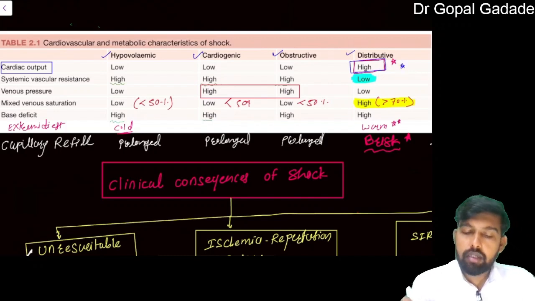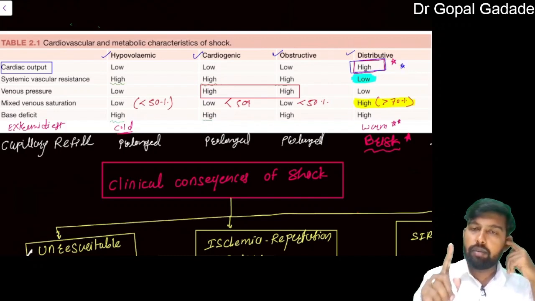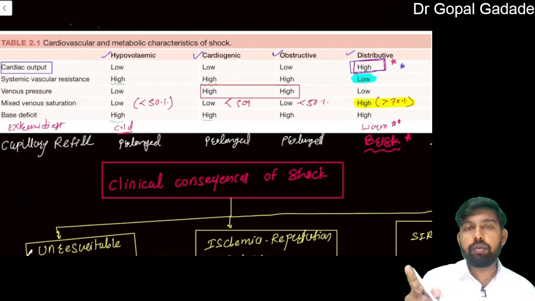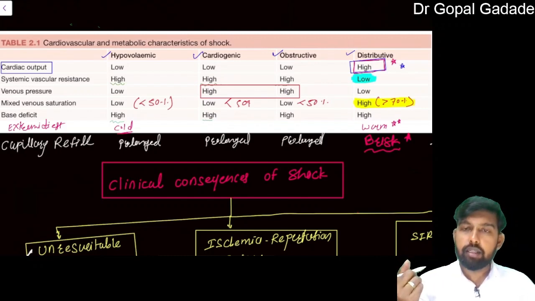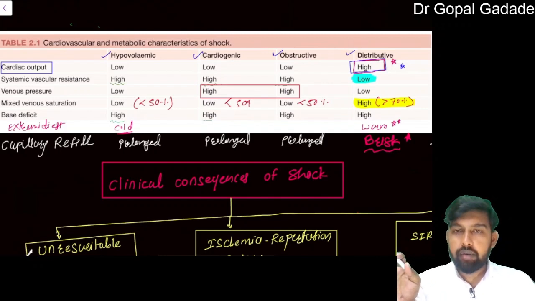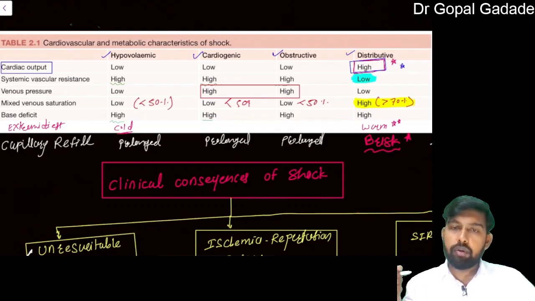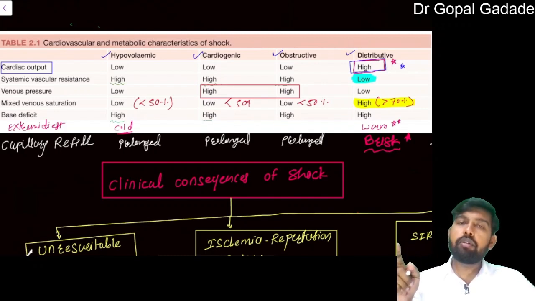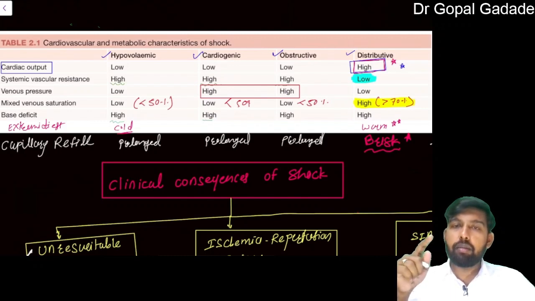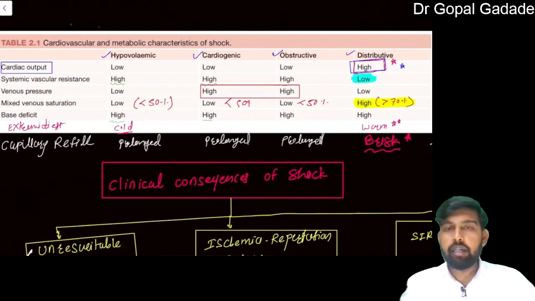In distributive shock, the cardiac output is actually increased because the blood is accumulated at the vascular level. The body senses that there is a state of shock and tries to increase the cardiac output by activation of the sympathetic system, and because the blood is at the vascular level, there is an increase in the preload, which ultimately leads to increased cardiac output.